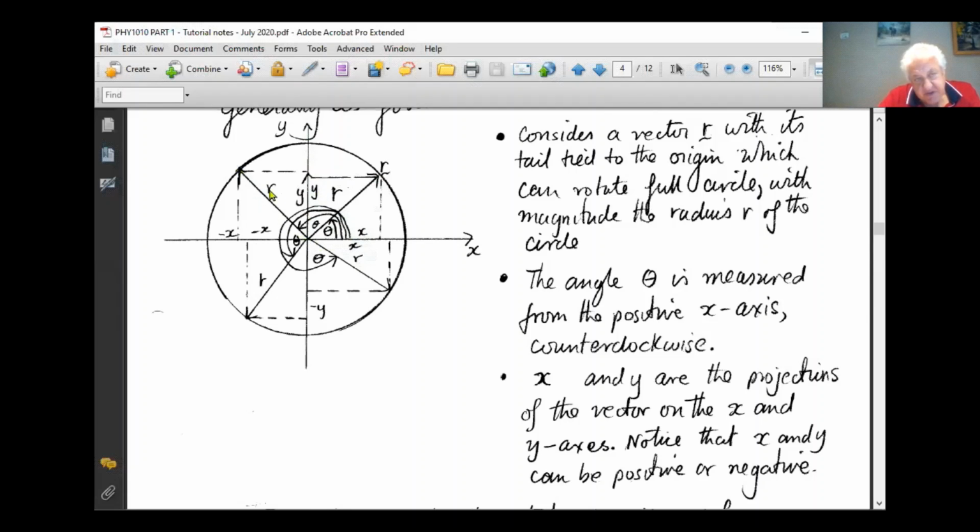If you have the vector in this position though, the y projects onto the positive y-axis and hence is positive, whereas the r projects onto the x-axis on the negative side, so we have minus x. So the x and y projections can be positive or negative depending on which quadrant. Here, for the vector in this position, we have both minus x and minus y. In this position, we have plus x and minus y.